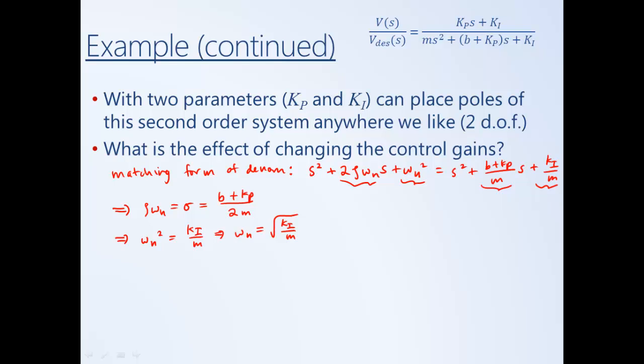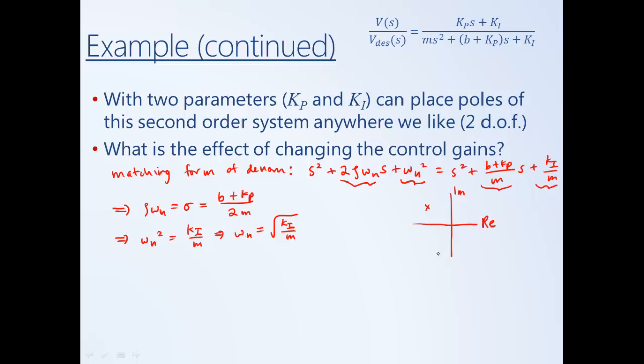Going a step further, in order to try and understand the effect of these gains, we can look at how the poles move in the complex plane, where the horizontal axis corresponds to the real part of the pole, the imaginary axis corresponds to the imaginary part of the pole.